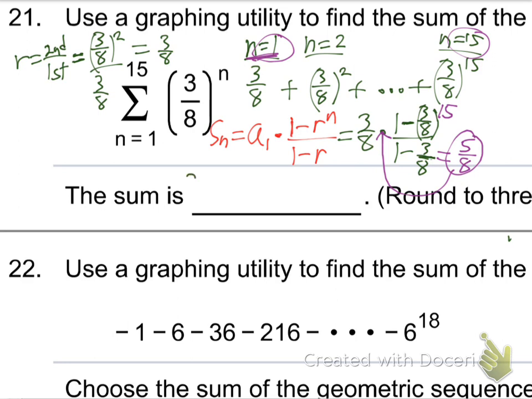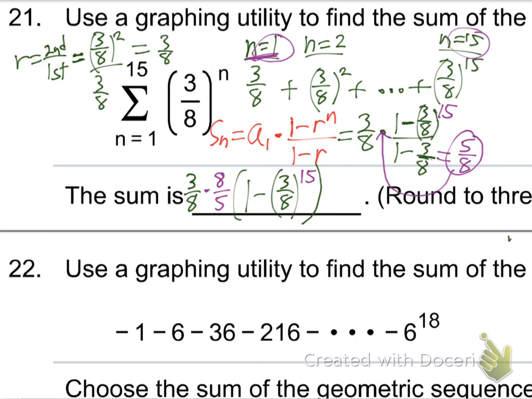So you'll have 3/8 times 8/5 times 1 minus 3/8 to the 15th. Are we good so far? Is that making sense? I grabbed that 1 minus 3/8 is 5/8 on the bottom, flipped it up.